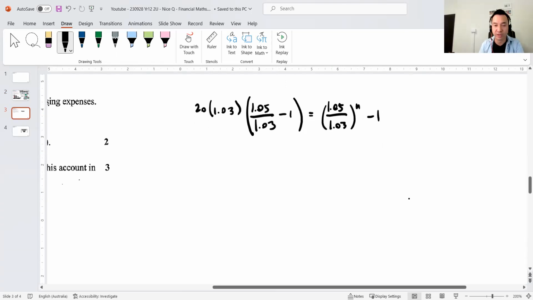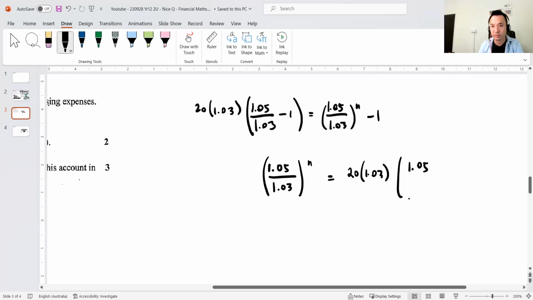So move the 1 over, and you got 1.03 to the power of n equals 20 times 1.03 times 1.03 minus 1, plus 1. Yeah. And I'm just going to change the base and log this. So n equals ln.